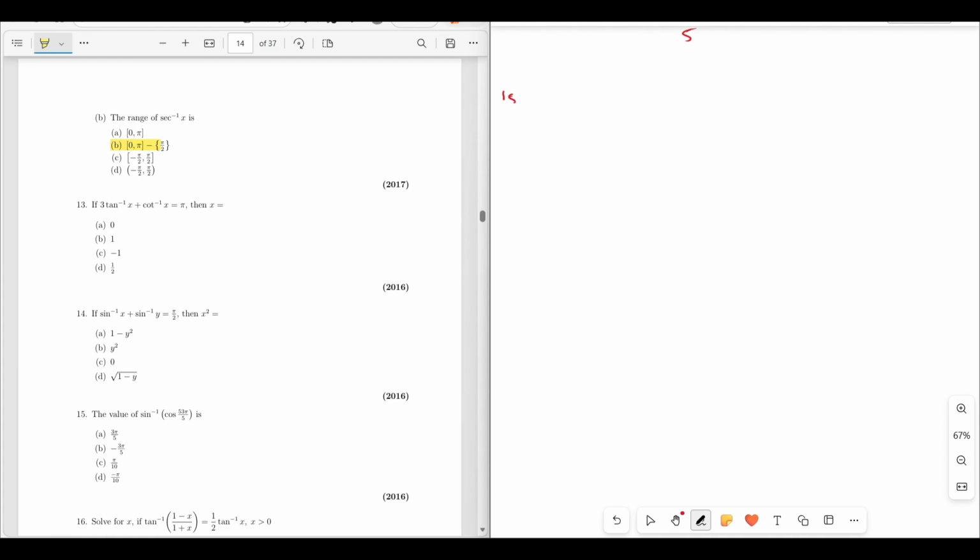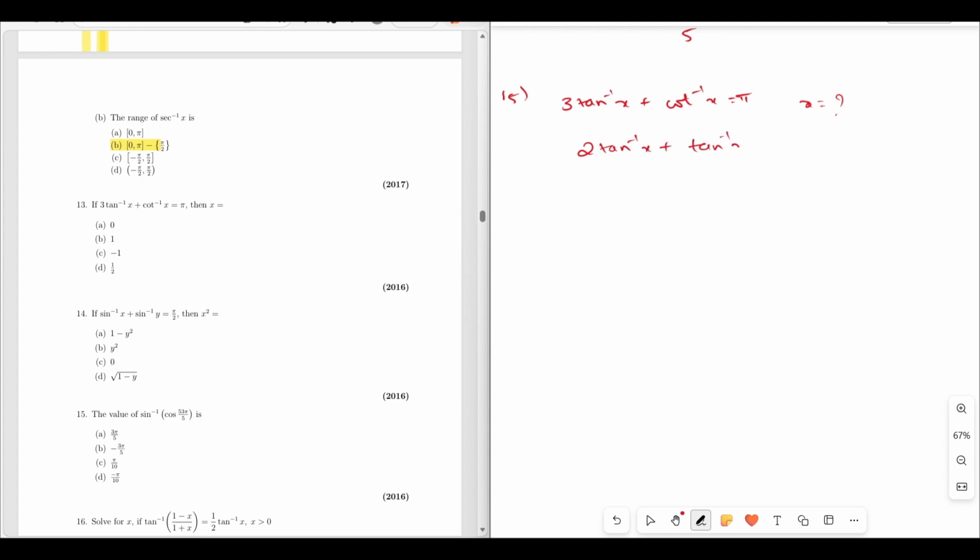Basically it is the 15th question, numbered here as 13. It has been given as 3 tan inverse x plus cot inverse x is equal to pi, then x is equal to. So we are supposed to find the value of x. I'll split 3 tan inverse x as 2 tan inverse x plus tan inverse x plus cot inverse x is equal to pi. Now this can be replaced by pi by 2.